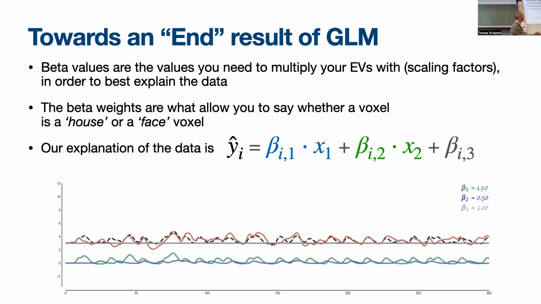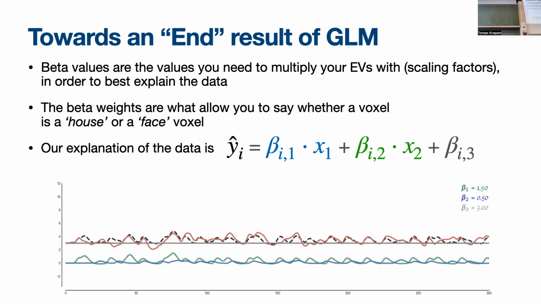And you see that in the corner here. Here, beta 1 is 3 times the value of beta 2. So this is 3 times as much a house voxel as it is a face voxel. That statement we could argue about because you go into statistics and all that, and we'll go into that later on. But that would be the way of quantifying things, right? This is fitting those beta weights.